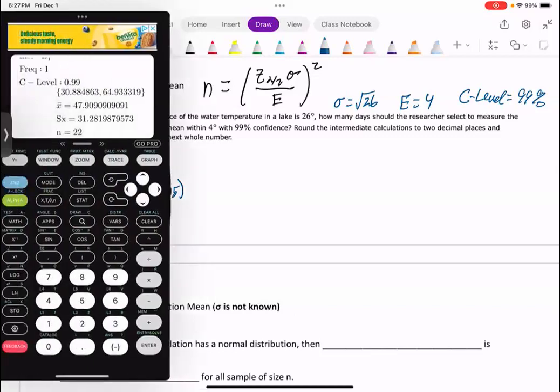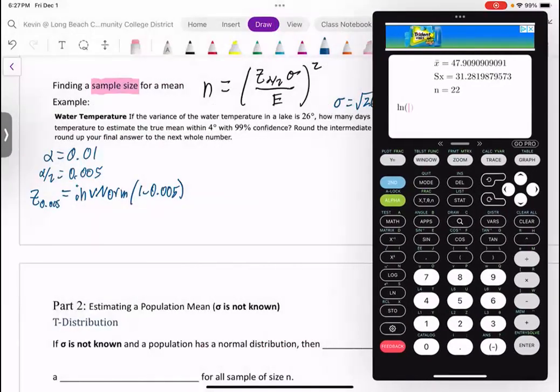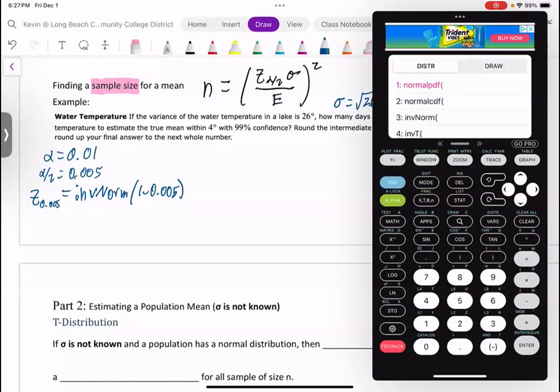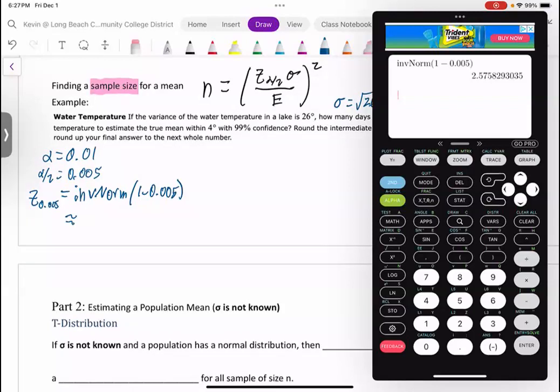Let's calculate that out again real quick. All right, so we have second inverse norm, 1 minus 0.005. So I'm going to use this as part of my computation, 2.5758.